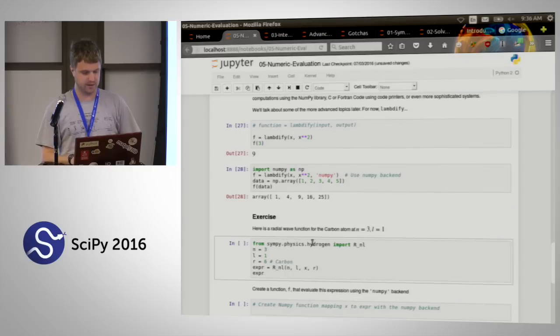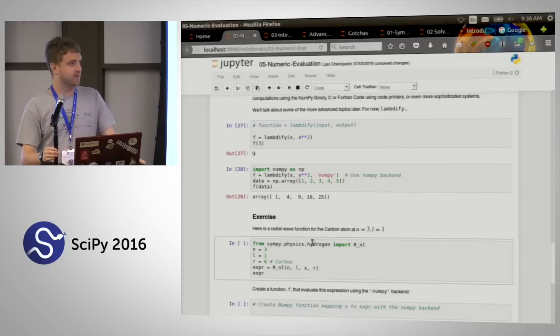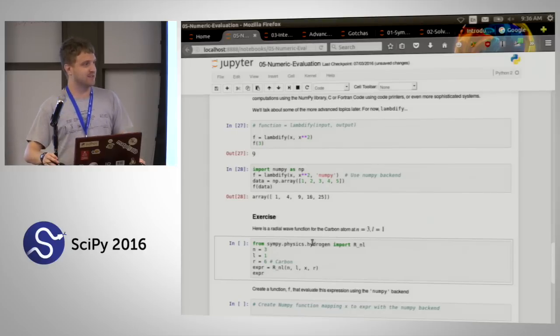So here's an exercise. There's some physics function here that if you want to know more about, you'll have to ask Ondrej, because I don't know. But this R_nl is the radial wave function for carbon atom. It says carbon.